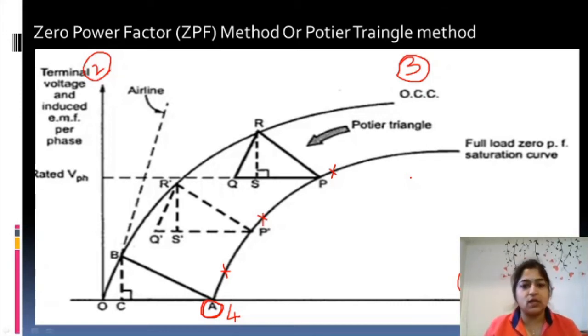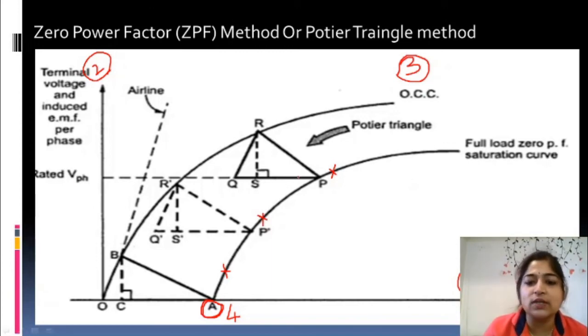Now how to proceed? For example, you need to find out regulation at rated voltage and rated current. So I'll locate this point P, which refers to rated terminal voltage VPH. The fifth step is to draw ZPFC.